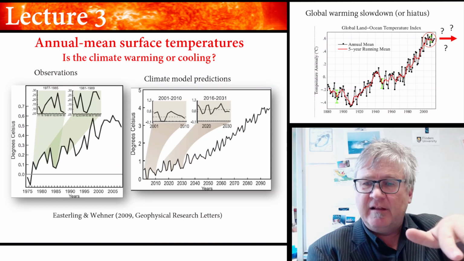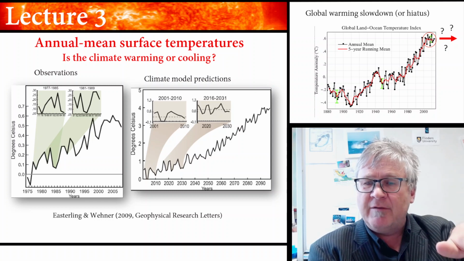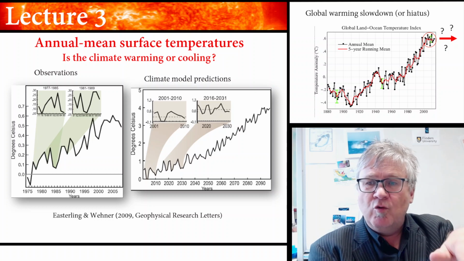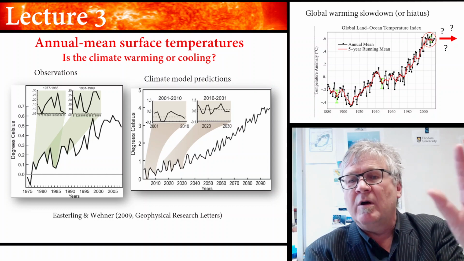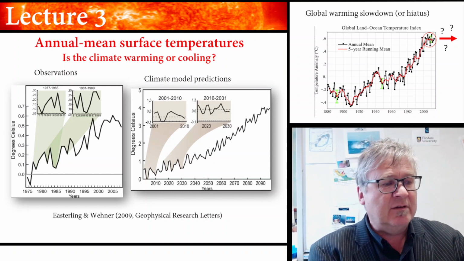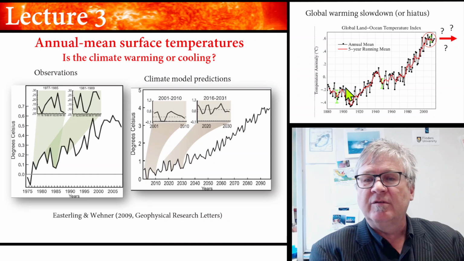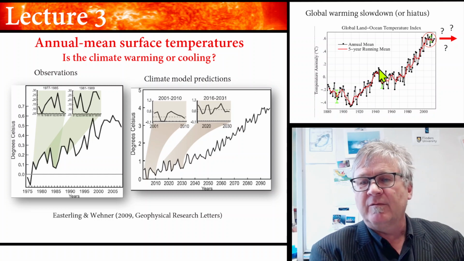So you have 5 values, determine the average, put it into the center, and then you move this averaging window 1 year ahead and do the same thing. You have an averaging window which runs across the time series, and you get a smoothed curve. It's this red curve. It's a little bit smoother. It doesn't have these big year-to-year variabilities in it.